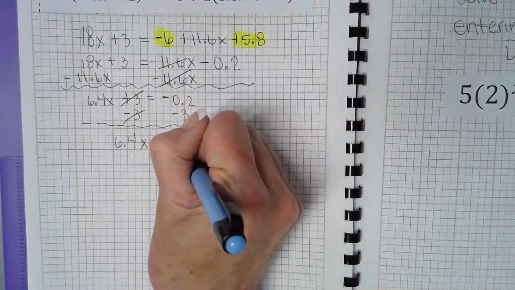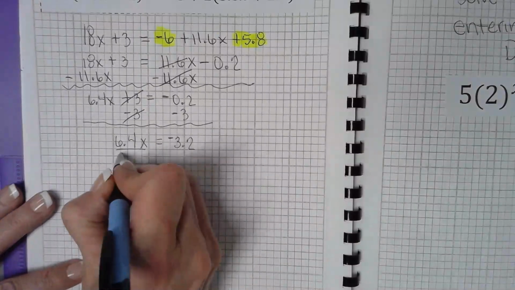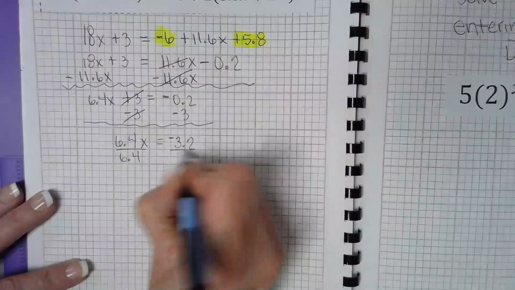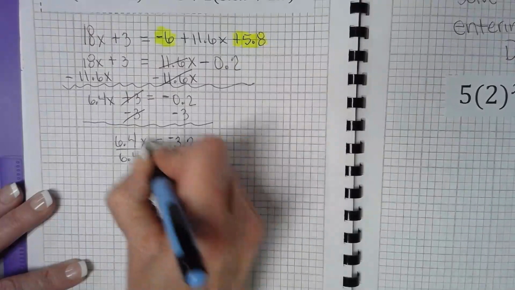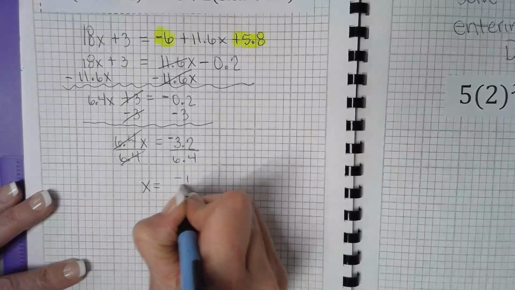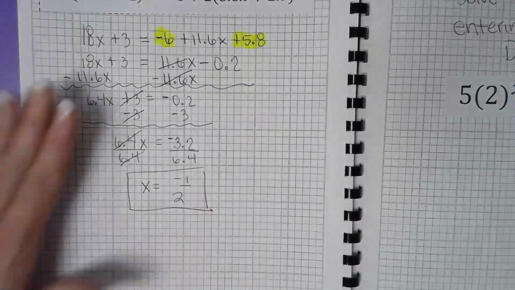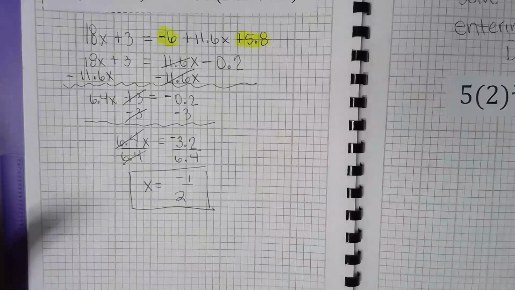Negative 3.2. And what's my last step? Divide both sides by 6.4. So see, y'all, we've been doing this. I just wanted you to have it in your notes.